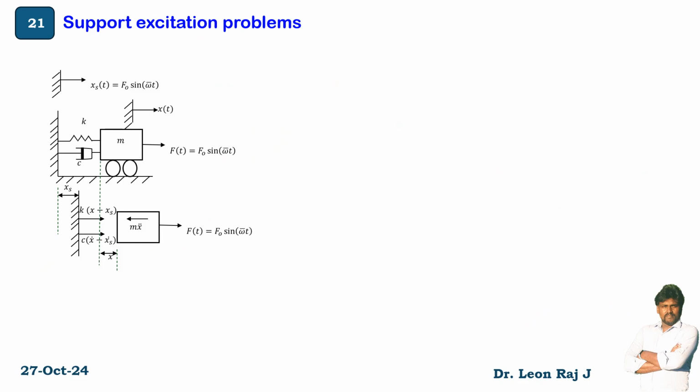Now we are going to see the support excitation problems. So here the support is also excited. The xst is equal to f0 sine omega t. M is nothing but the mass, K is spring stiffness, C is the damping coefficient.